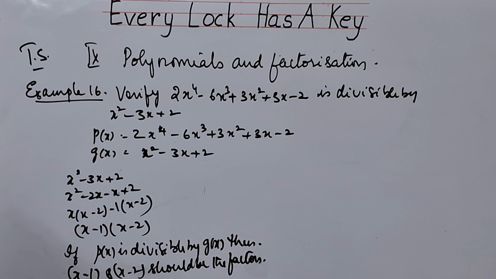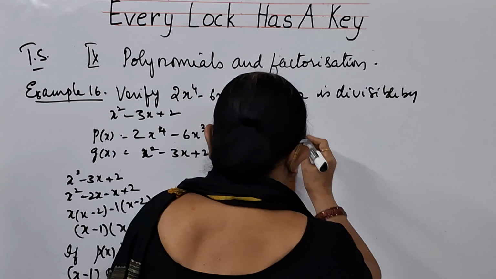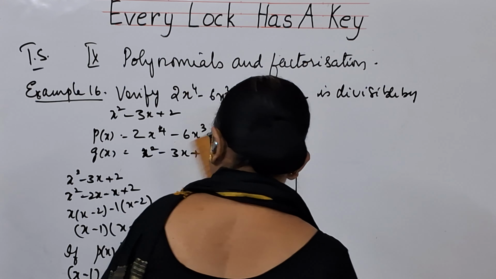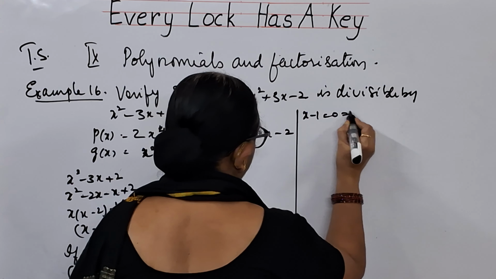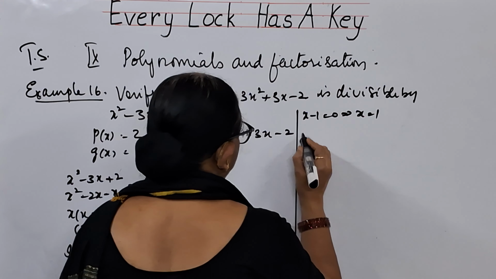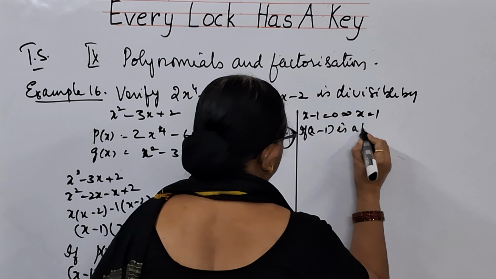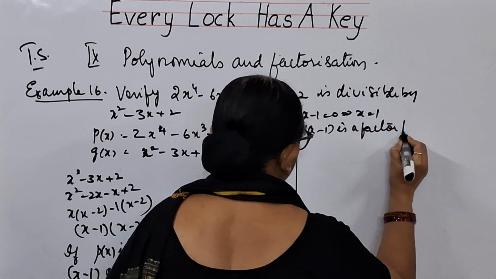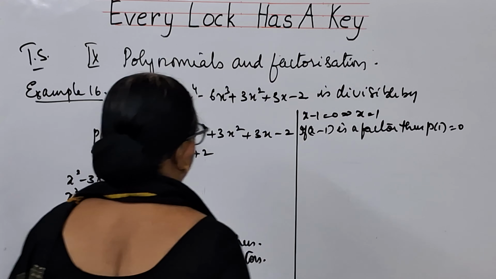So let us see whether it is possible or not. Let us take x minus 1 is equal to 0, which implies x is equal to 1. So if x minus 1 is a factor, then p of 1 should be equal to 0.